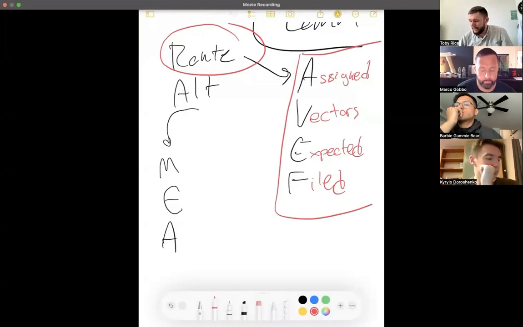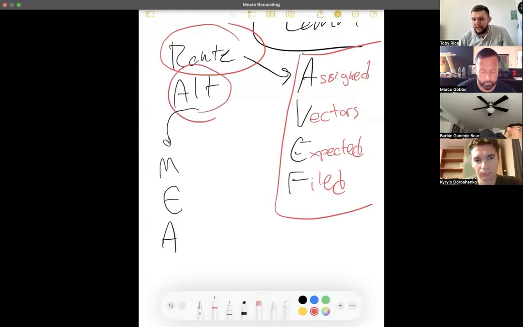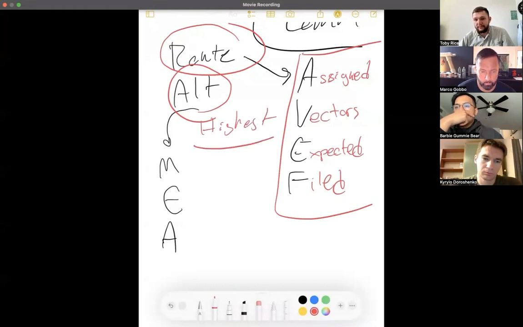No? Awesome. All right. For our altitude, this is the more complex one, slightly. For our altitude, we have to fly the highest of these three. The first one is our minimum instrument altitude for segment of flight.